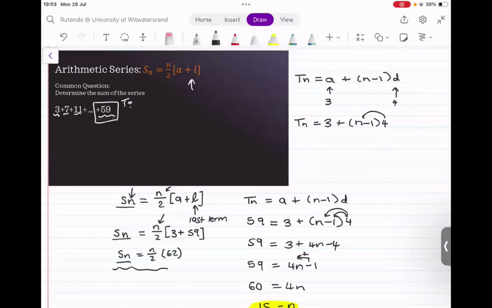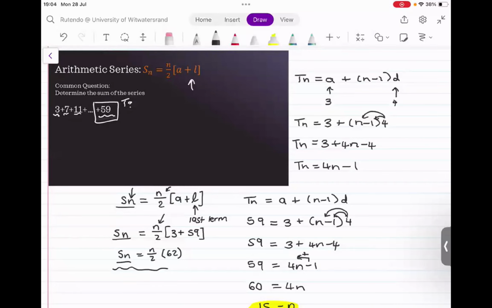I'm going to distribute it so that I can have a simplified version. So 4n minus 4. Then I'll have Tn equals 3 minus 4, which is minus 1. So I'll have 4n minus 1.